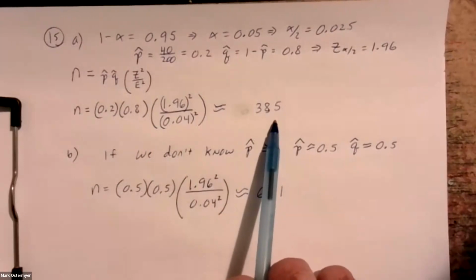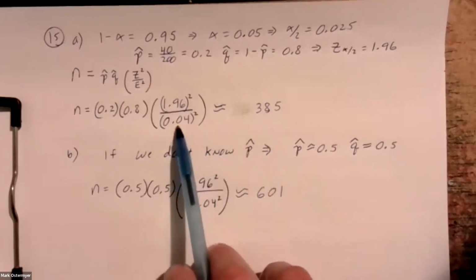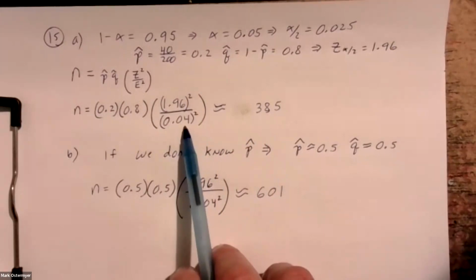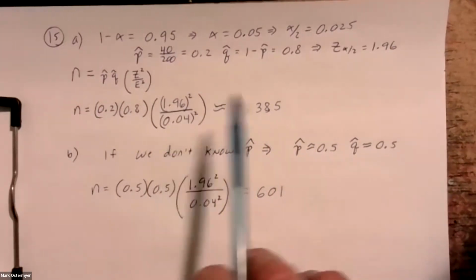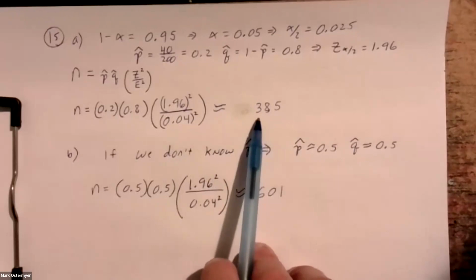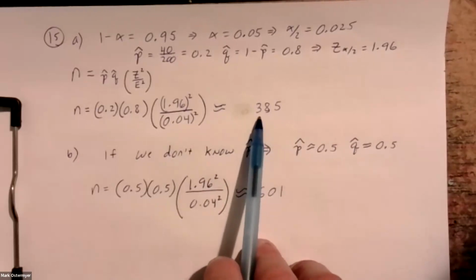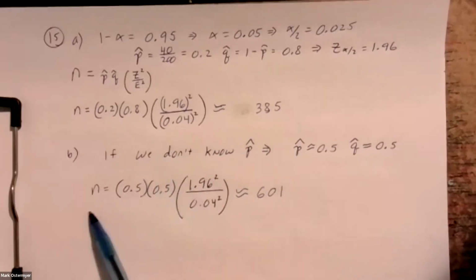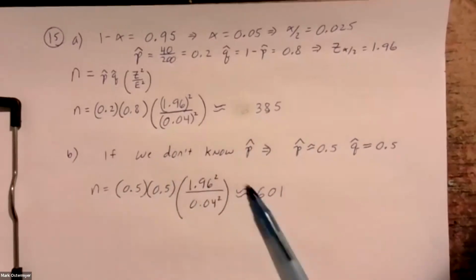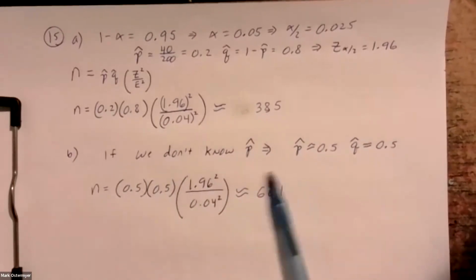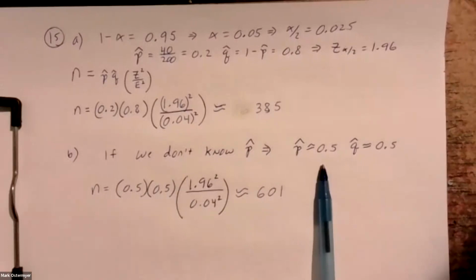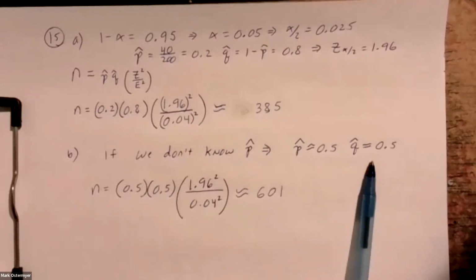So in order, ladies and gentlemen, to be 95% confident that our sample proportion will stray no more than 4% away from the unknown population proportion, we need to choose a sample size of at least 385. If we don't know anything about our sample proportion, then by default, we will assign 0.5 for both P hat and Q hat.